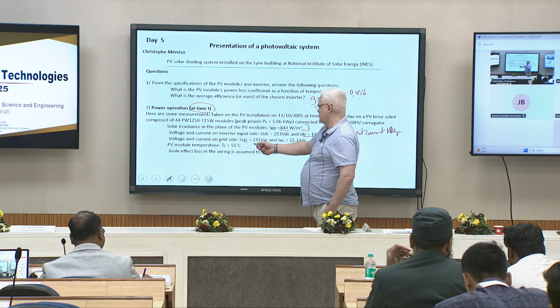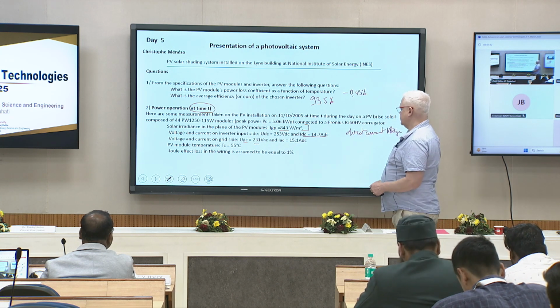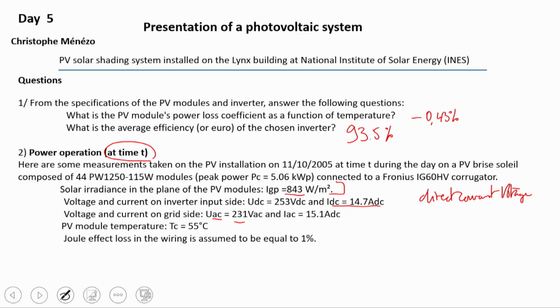So we measure 231 volt and intensity of 15.1. The module temperature is at 55. It is still provided by this reference cell that gives the temperature and the radiation.